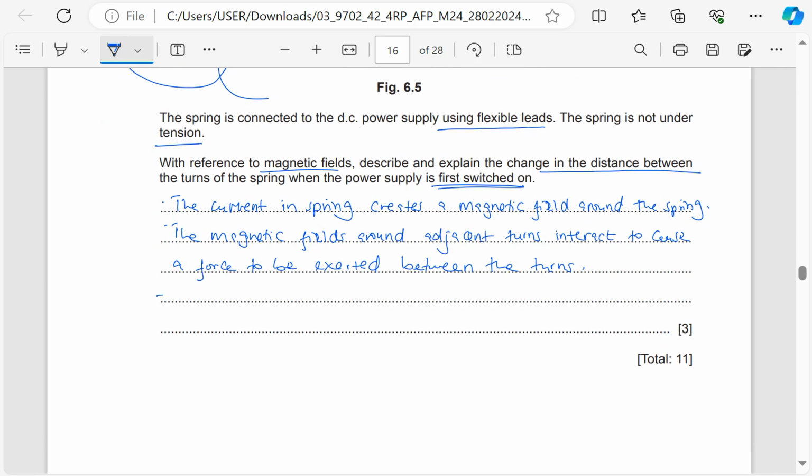Of course, we have said by Fleming's left-hand rule on each of the turns, since they carry current in the same direction, the force is attractive.